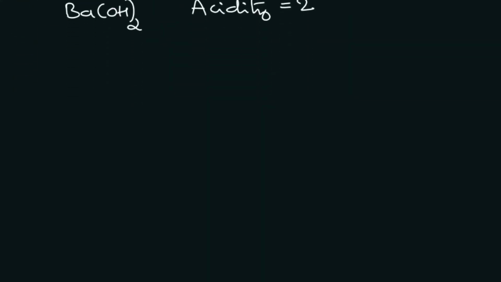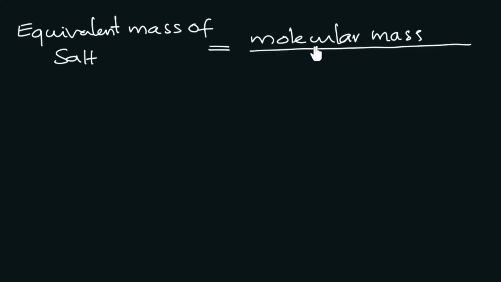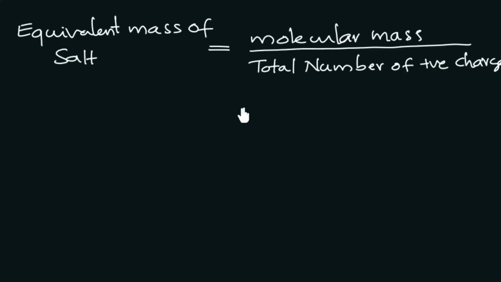Now let's go to the next part, the equivalent mass of the salt. Equivalent mass of salt can be calculated by molecular mass whole divided by, this is quite interesting, the total number of positive charge, or the same thing you can calculate with the negative charge also.